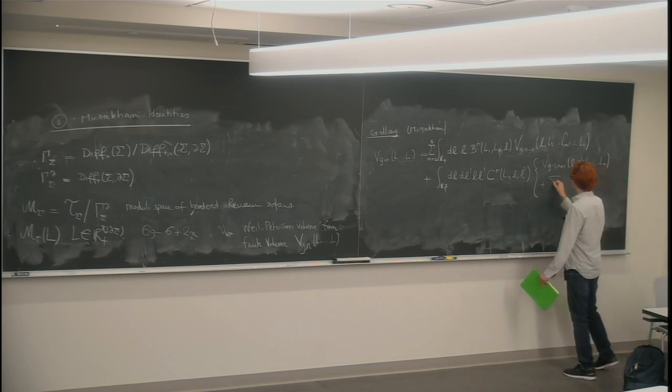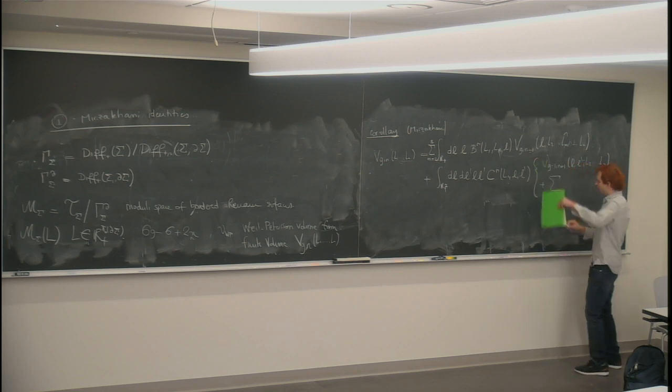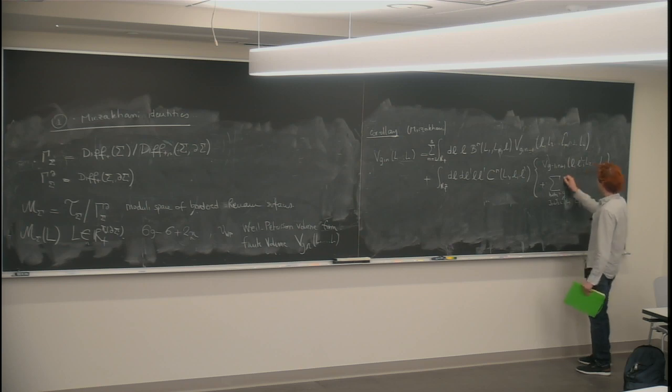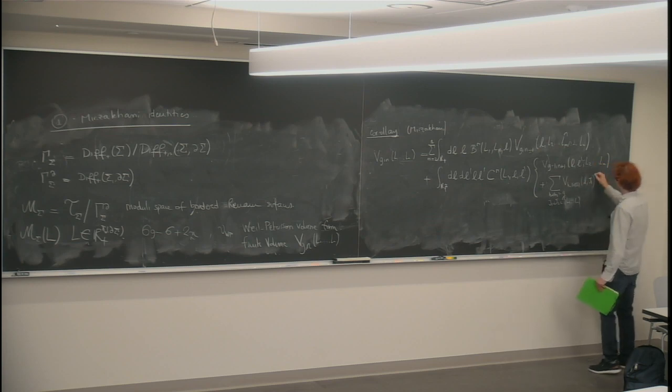In that case, you have to sum up the genera of the components and to split the set of components, maybe like this, L_2 and N, in 2, and here you get V_{h1}(1 plus J_1, L_{J1}) V_{h2}(1 plus J_2, L_{J2}).